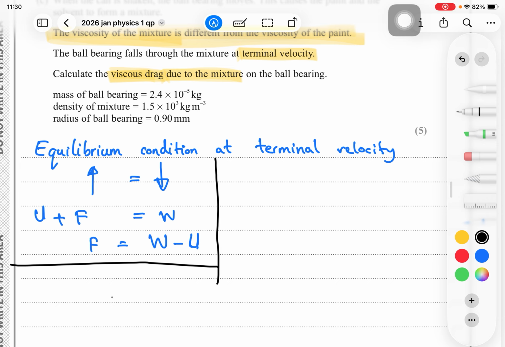So upthrust. We know the upthrust can be calculated by the weight of the displaced paint. So it will be the weight of the displaced whatever, we can call it paint or whatever the mixture is.